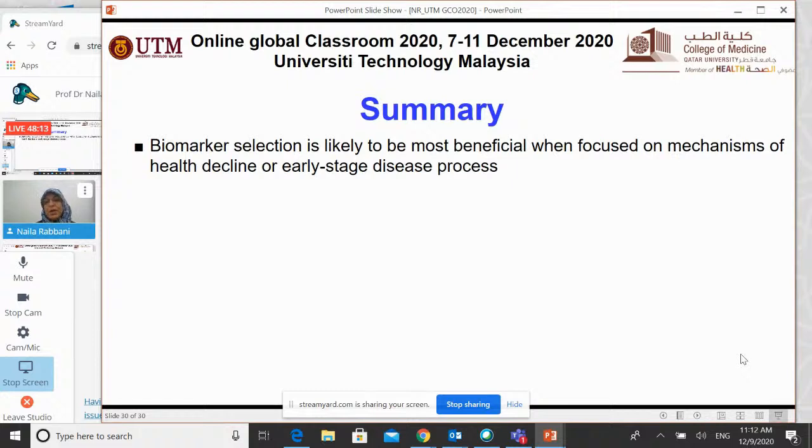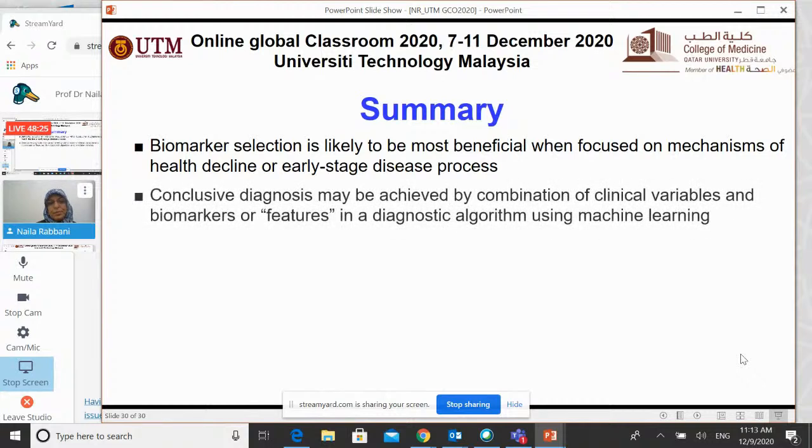So all these biomarkers are really coming from the mechanism of health decline. That's why we got this very good outcome of the diagnostic algorithm. Conclusive diagnosis may be achieved by a combination of clinical variables and biomarkers in a diagnostic algorithm using machine learning.